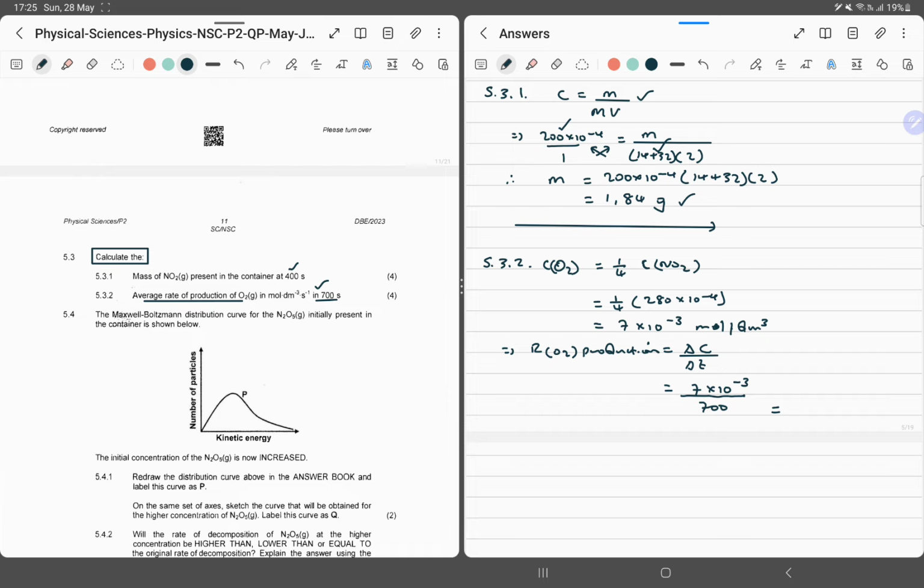So this is 7 times 10 to the minus 3 divided by 700. So this one is 1 times 10 to the minus 5 mole per decimeter cubed per second. So that is the story.